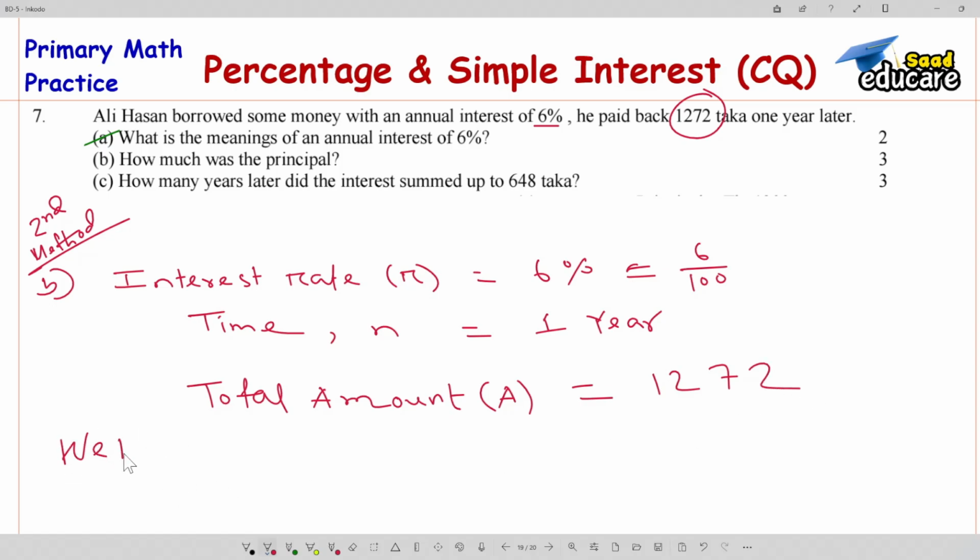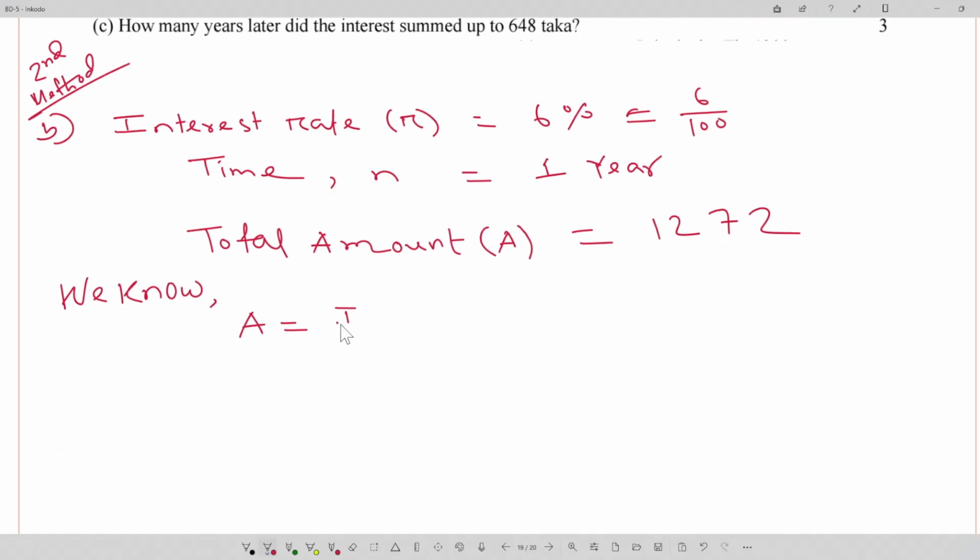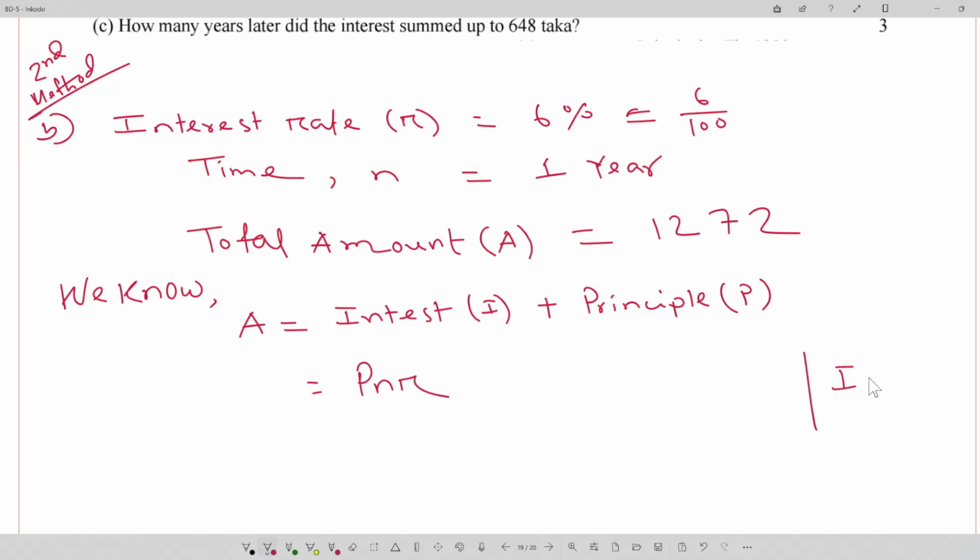We know the total amount equals interest I plus principal. Principal is P, and we also know interest I equals PnR, plus principal P. We know amount equals I plus P, right? And interest I equals PnR, and principal is P.